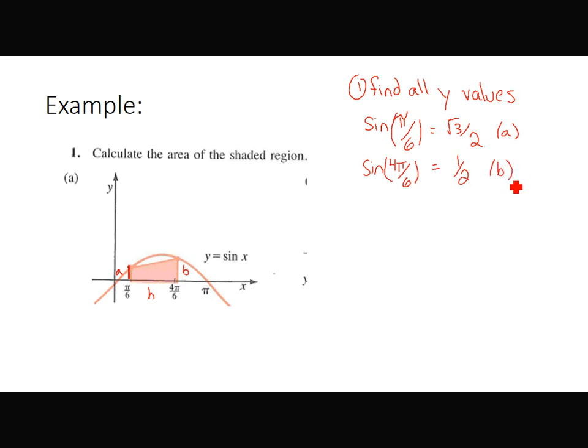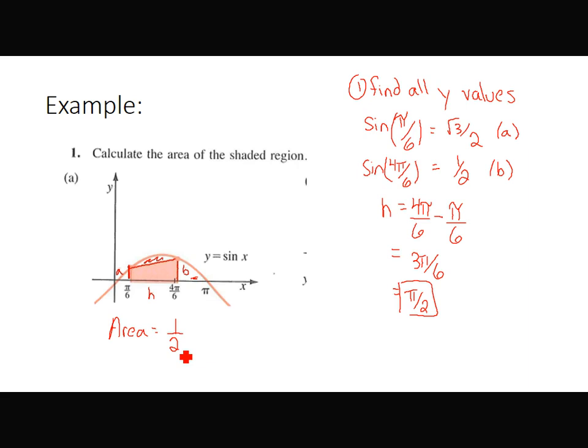Now our height is just going to be 4 pi over 6 minus pi over 6, which is going to be 3 pi over 6, or pi over 2. So now we have our three values, and again, this is just an approximation because we do have these gaps in here that are not going to be filled. So this is just to calculate an approximation, or to find the value of just this shaded region. So our area is equal to 1/2 times our height, which we said is pi over 2, times our (a plus b), which is root 3 over 2 plus our half.